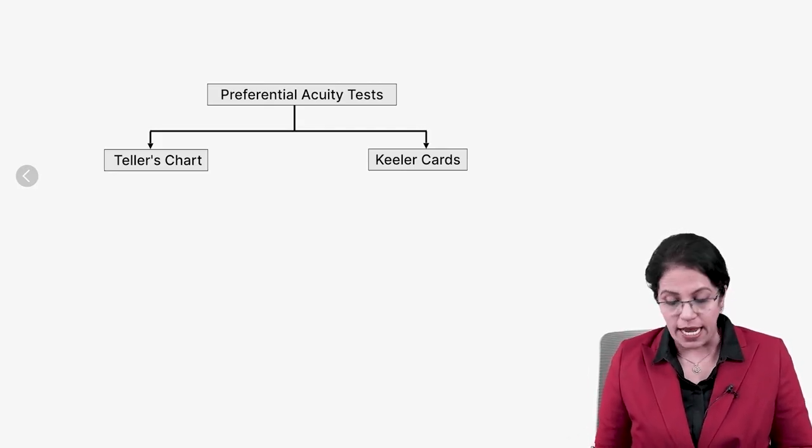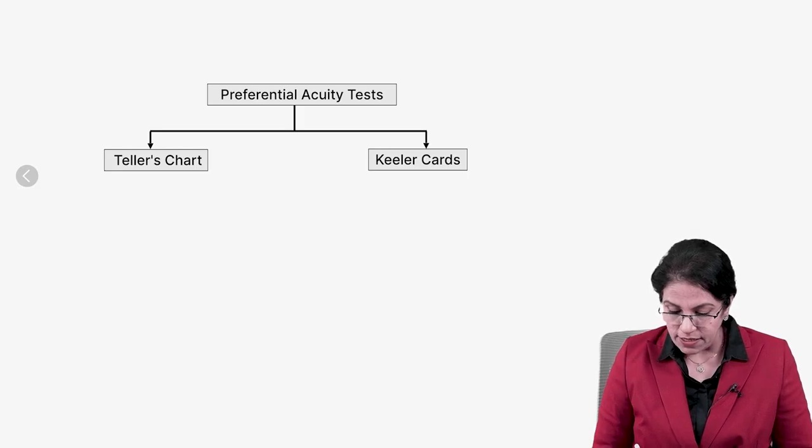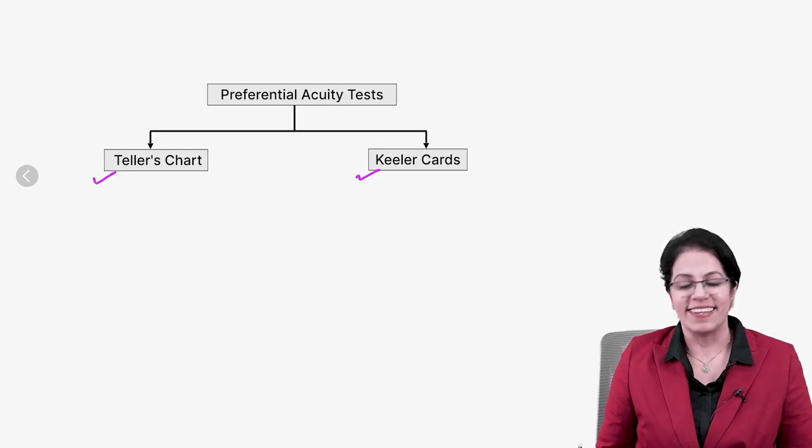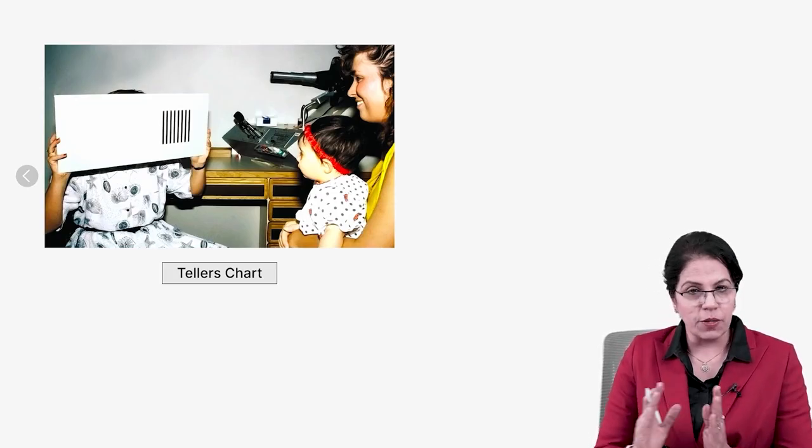So, the main important preferential acuity tests that you should be familiar with are Teller's chart and Keeler's chart. What is the Teller's chart? It is like this. If you see here, this child is shown the gratings, and the spatial frequency of the gratings will be the measure of the visual acuity.